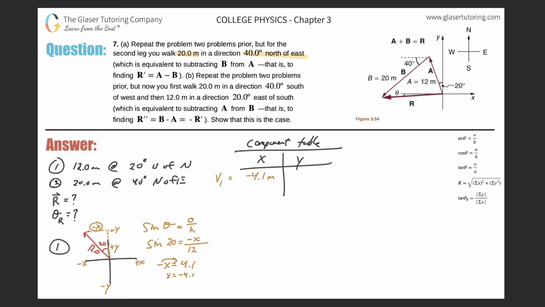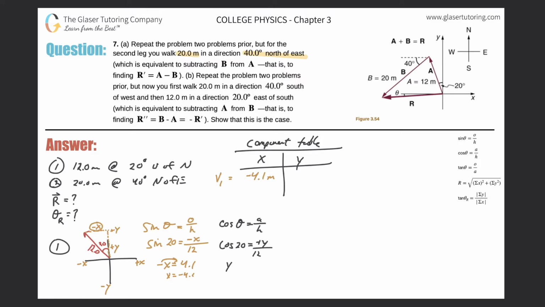Now let's look at the y component of that vector. Go back to the picture on the left. I know the hypotenuse, I know the angle, and now I'm looking for the side adjacent to the angle, so I would use cosine. Cosine of theta is equal to the adjacent side over the hypotenuse. So the cosine of 20 is equal to the positive y value over 12.